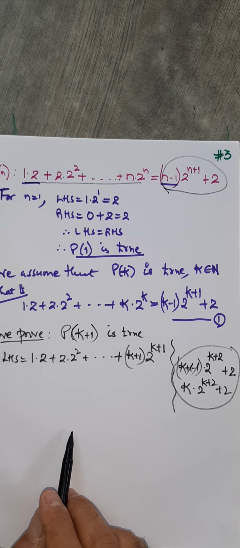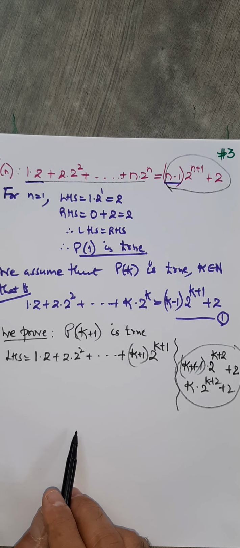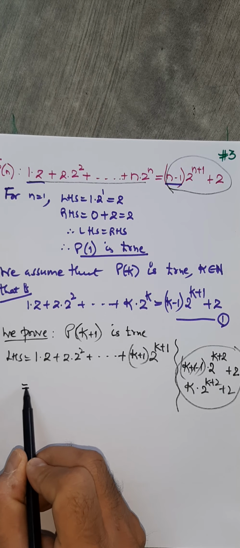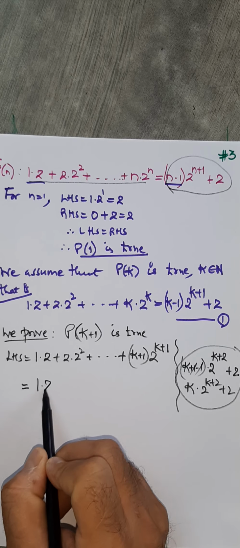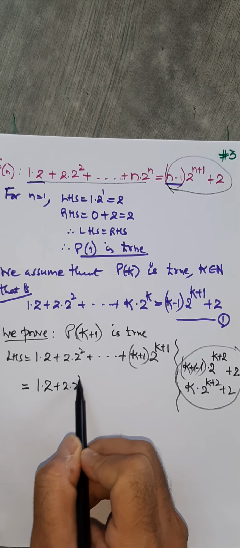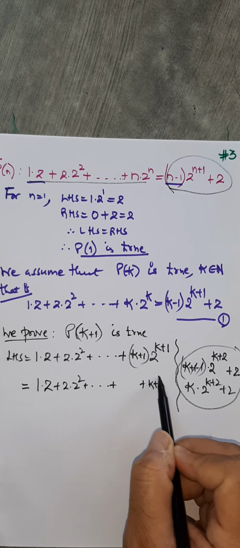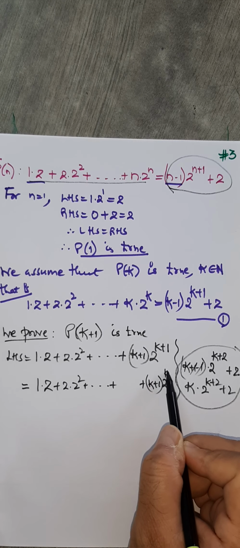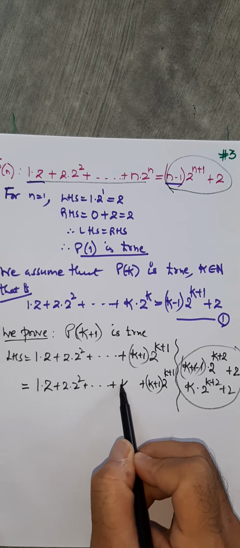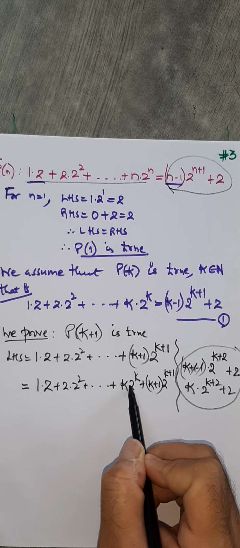Okay, so with this information now we just simplify. So first step is you write the previous term here. Last term is k plus 1, 2 raised to k plus 1. Previous term k into 2 raised to k.